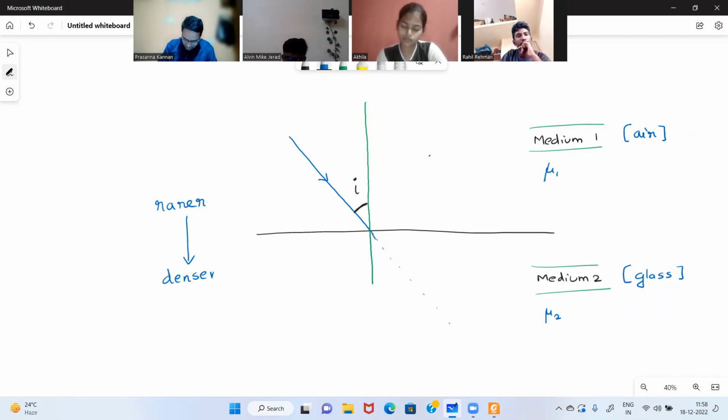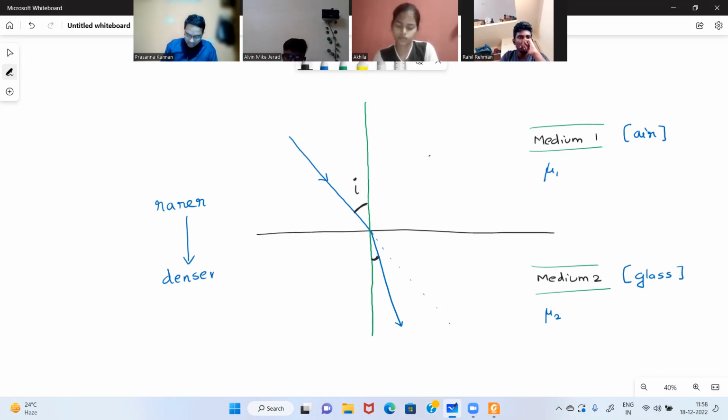So the undeviated ray would have gone like this. If it is bending away from the normal it will go like this. Towards the normal means it will come like this. Understood? So in this case it's going to bend towards the normal. Why? Because the ray is going from rarer to denser.